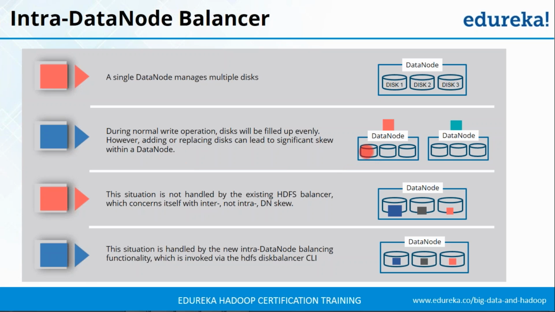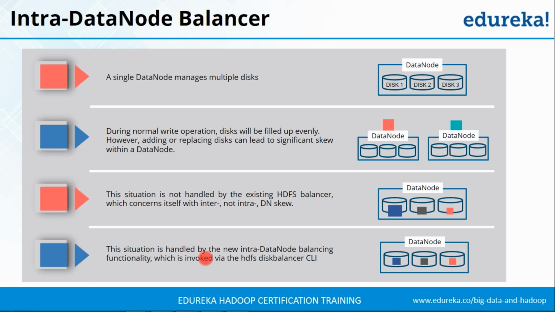That means some disks might contain more data, whereas other disks might have less data. Because of that, when you're accessing the data, some disks will take more time, whereas other disks will take less time. And this situation is not handled by the existing HDFS balancer, which concerns itself with inter-, not intra-data node skew, which means that it mostly focuses on the data blocks being distributed evenly among different data nodes, but not between the different disks within the same data node.